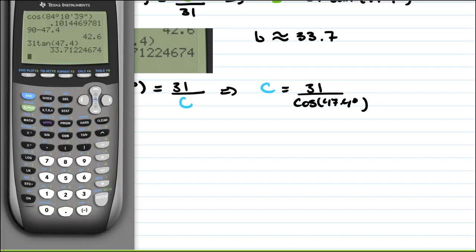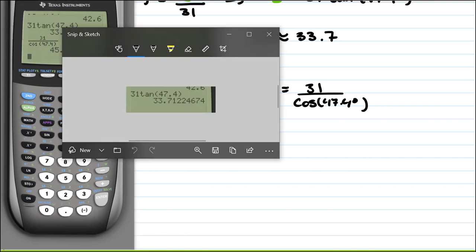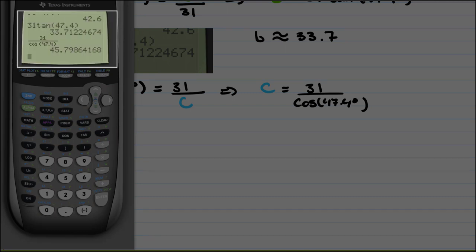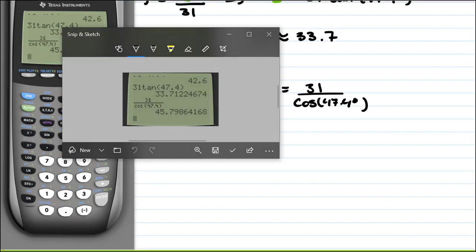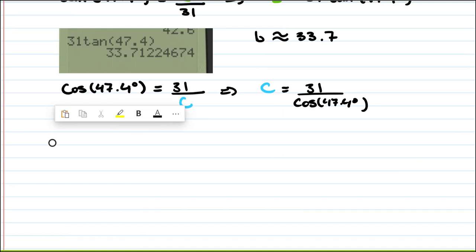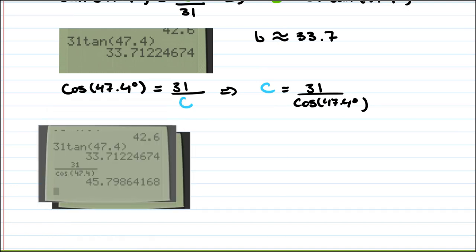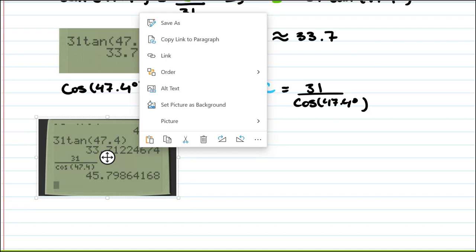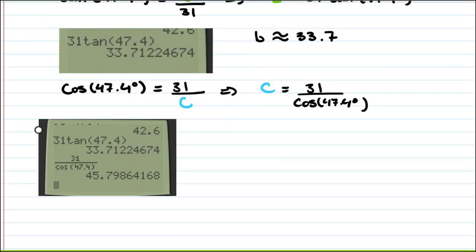Once again, that's calculator food, so 31 over the cosine of 47.4, and press enter. Rounding to 1 decimal point again, we get this time that it's going to be 45.8 is going to be our length. So we get C is about 45.8.